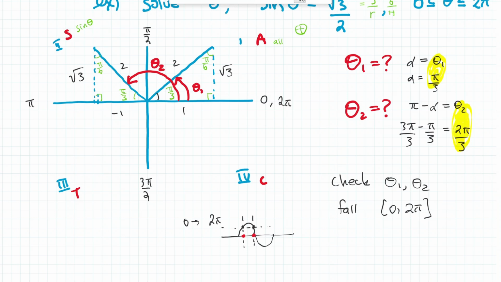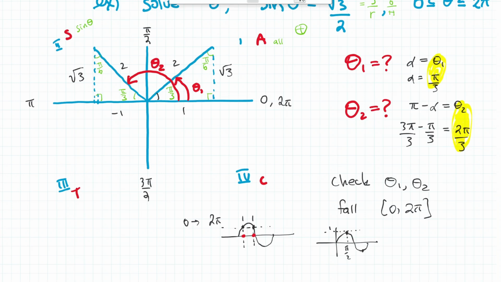There is a caveat. You will have one solution if your ratio falls on one of the axes of our grid. For example, at 1, in one period, you'll only reach your maximum of 1 once, and that will happen at pi over 2.